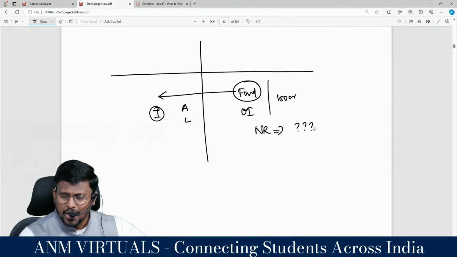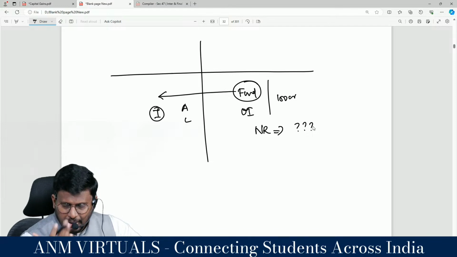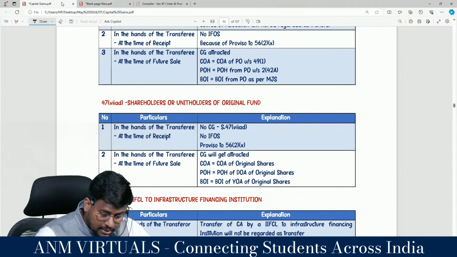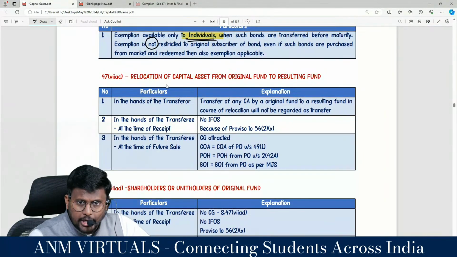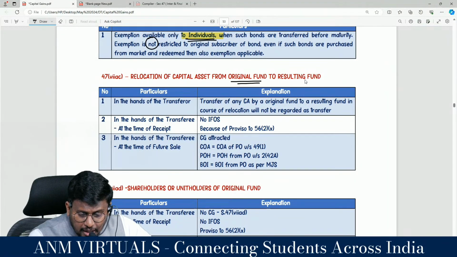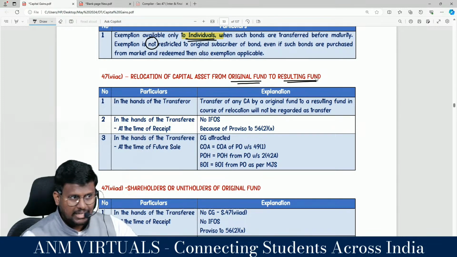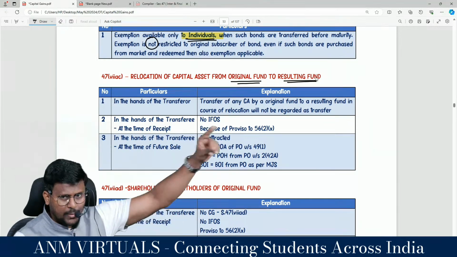Hello sir. So we are not bringing it to India. The government says, look, relocation of an asset from an original fund to a resulting fund. There is an original fund which is situated outside India.